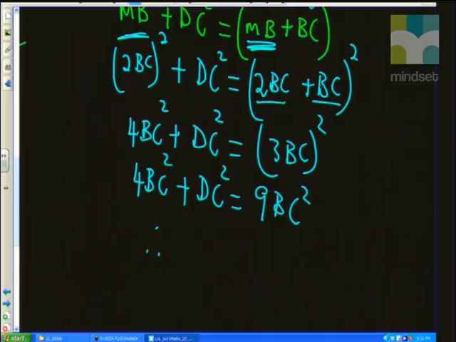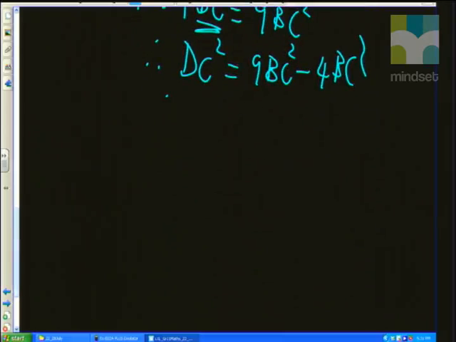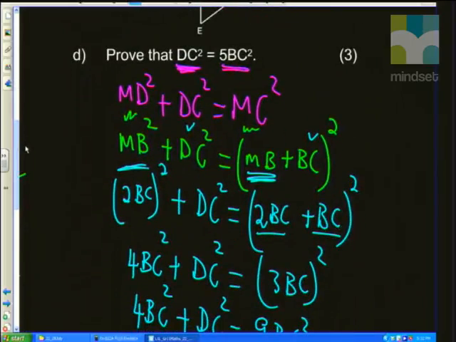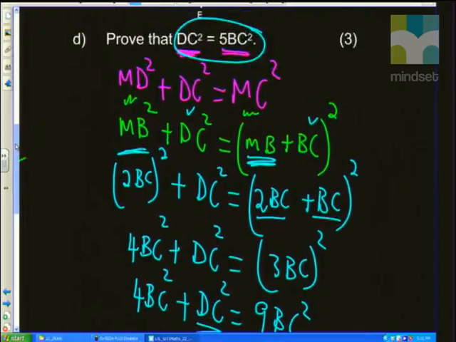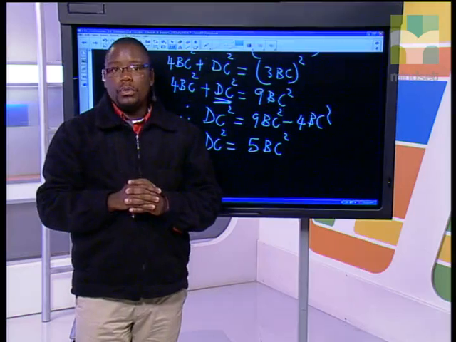So therefore, I will make DC squared the subject, so DC squared will be 9BC squared minus 4BC squared, which therefore gives us DC squared equals 5BC squared. And I've just shown all the steps, okay? That was what we were asked to do: prove that DC squared equals 5BC squared. Worked it out with those triangles, and at the end of the day, you get DC squared equals 5BC squared. I hope you all are following.